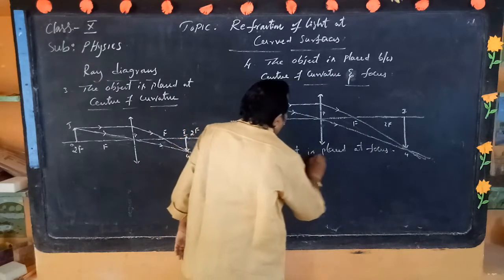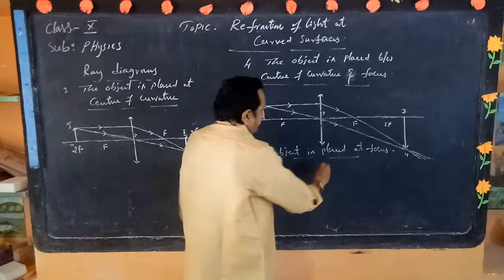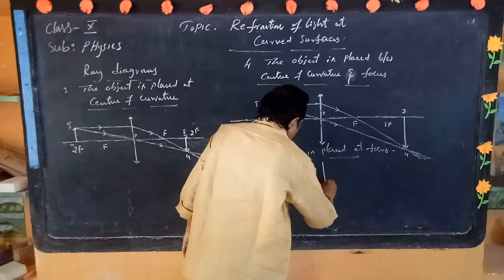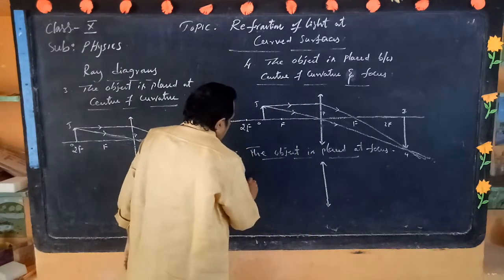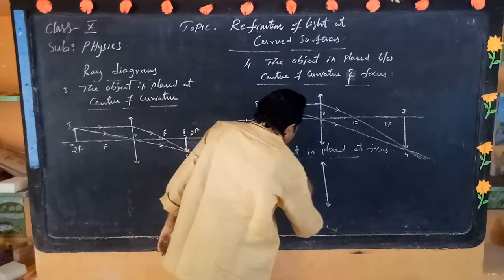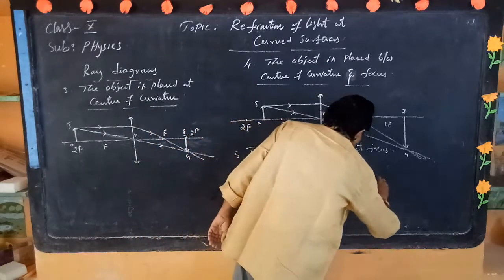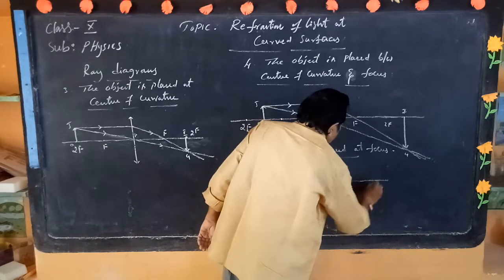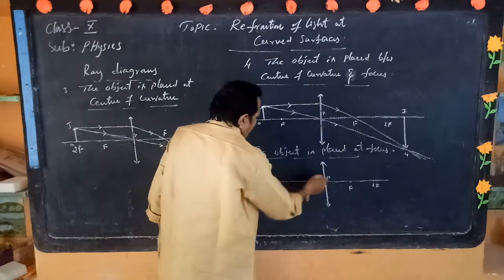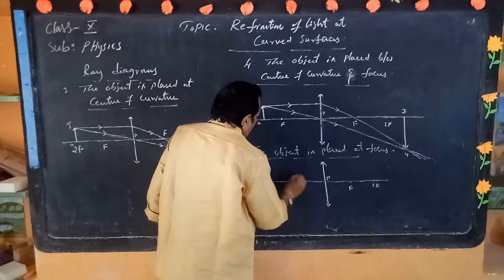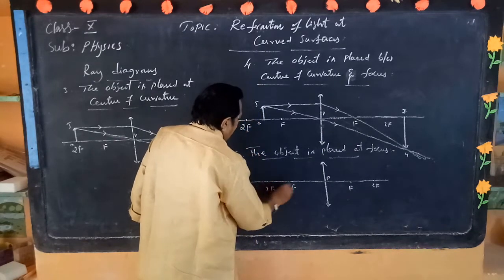We have to observe where the image will be formed. The object is exactly placed at the focus. So here consider the convex lens, principal axis, focus, optic center, pole, optic center, focus, and center of curvature.